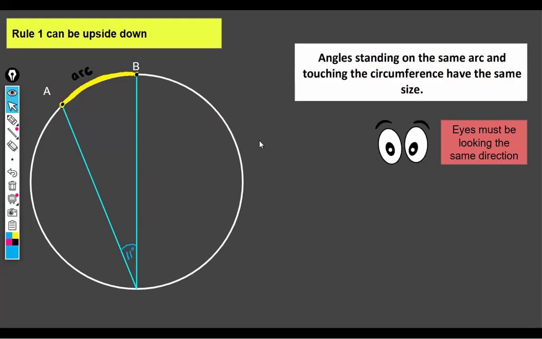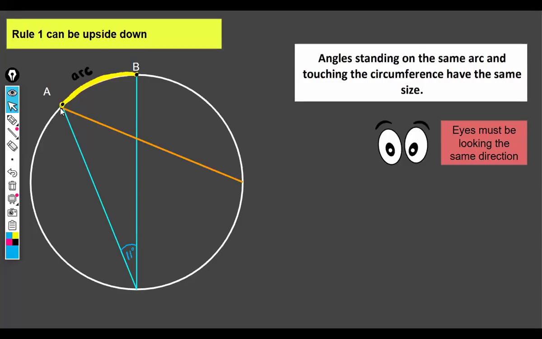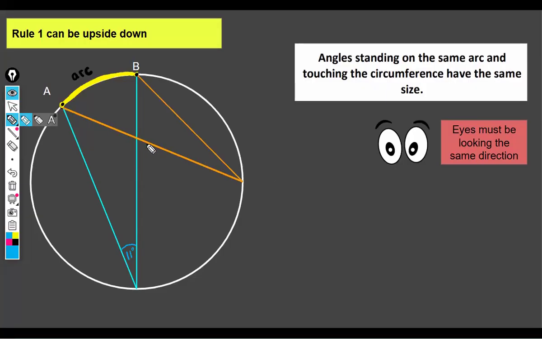Let's draw another pair of legs. It's going to start at A and finish at B, but it's going to hit the circumference at a different point. It's orange: A, hits the circumference and bounces back to B. I guarantee you that if you were to use a protractor and measure this orange angle, you will get 11 degrees.